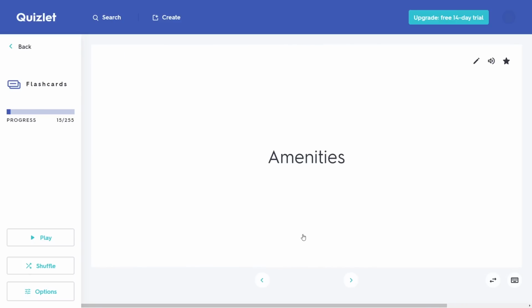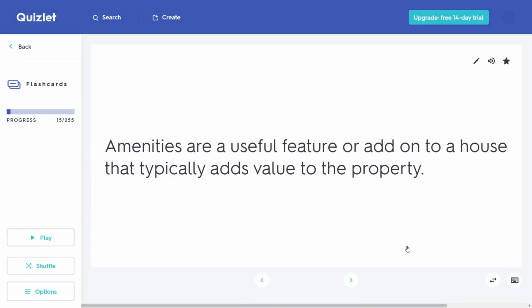All right, amenities. Okay, think that one over. Okay, did you guys figure it out? Hopefully. All right, amenities are useful features or an add-on to a house that typically adds value to a property.